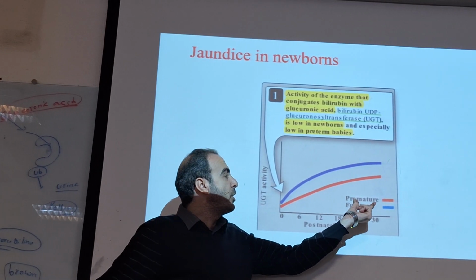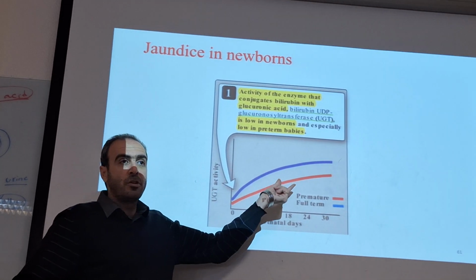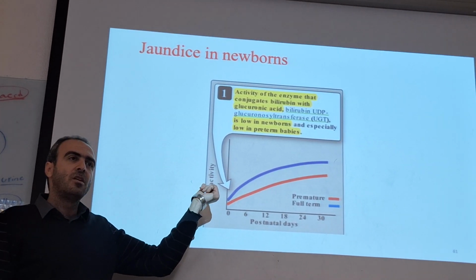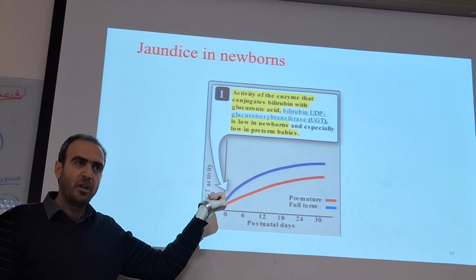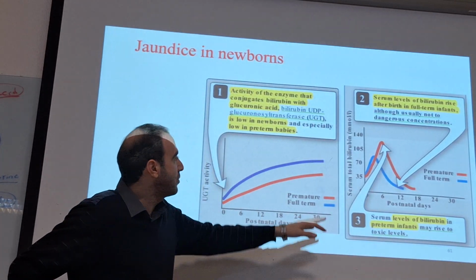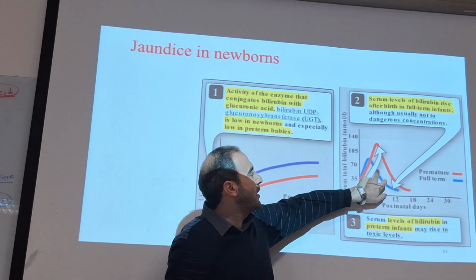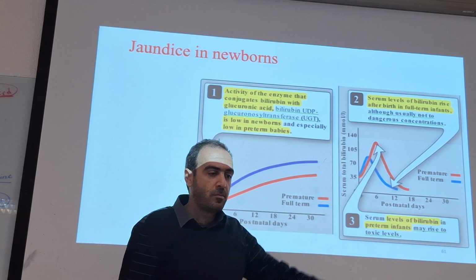But in the premature or preterm baby, because their liver is not developed very well, the glucuronyl transferase activity is low, and then the concentration of serum bilirubin is higher than in the full term.